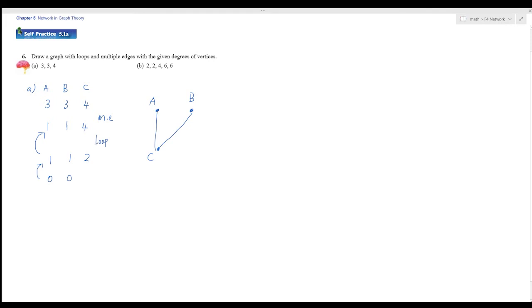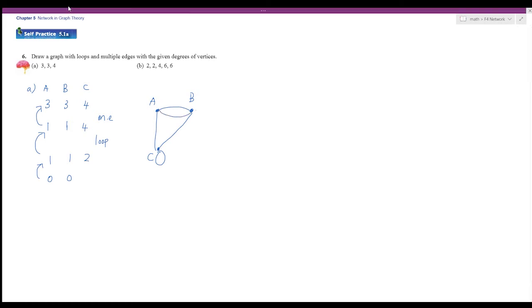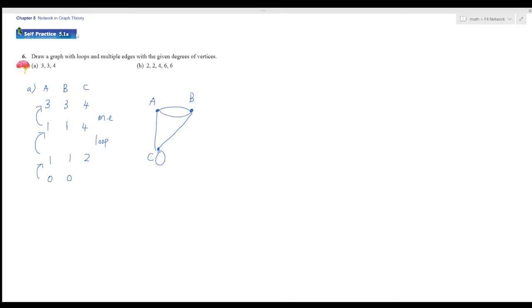Now we add in the loop. The loop will be at vertex C because just now we minus out the loop from the vertex C. So the last step, we add in the multiple edges. The multiple edges is in between vertex A and B. So this is our final graph.